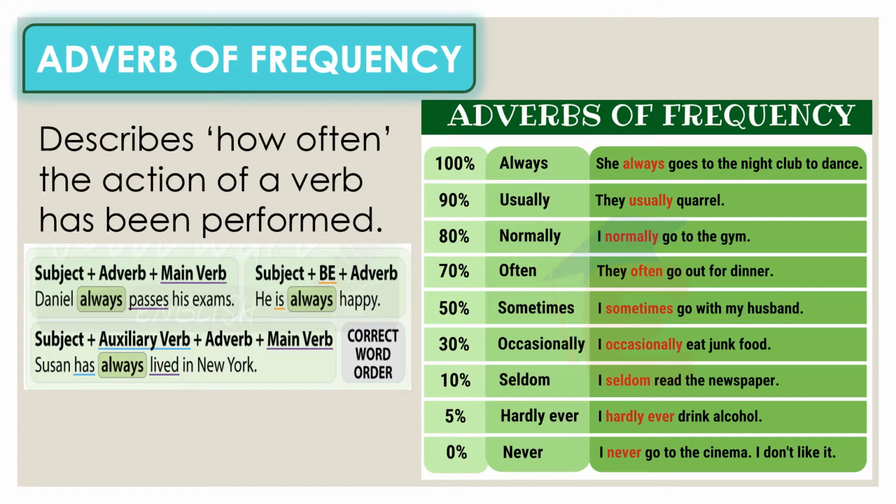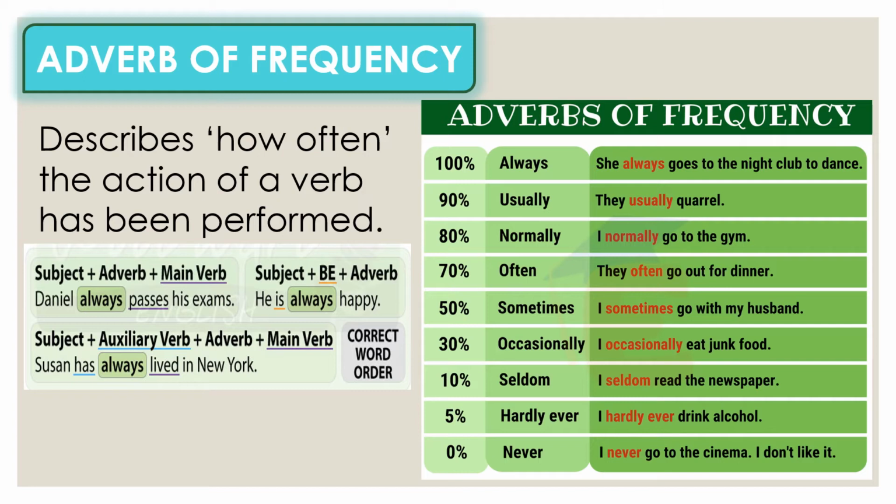Now here is a box which is giving us the formation of a sentence when we use adverbs of frequency. So it says that if you want to use an adverb, use it before the main verb, like subject plus adverb plus main verb. And this should be the format of using your adverbs.